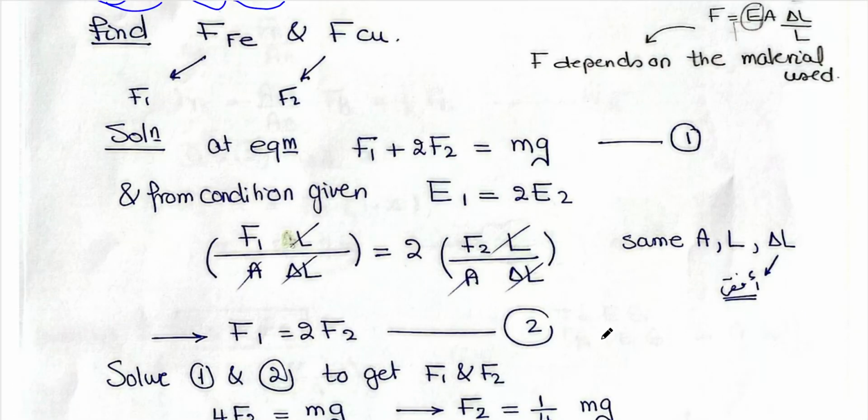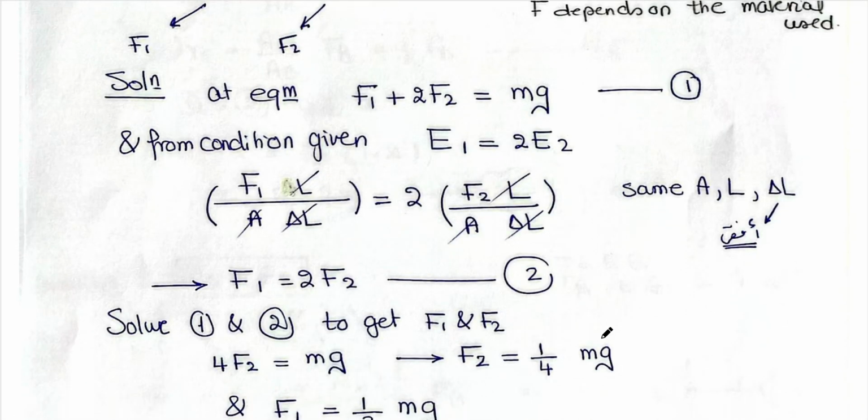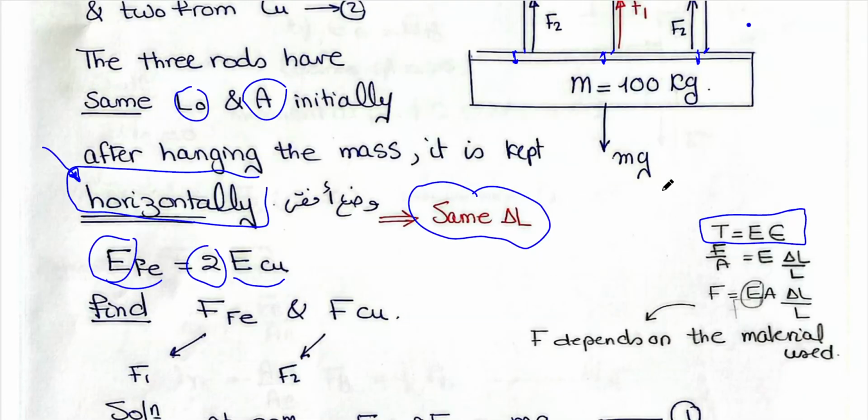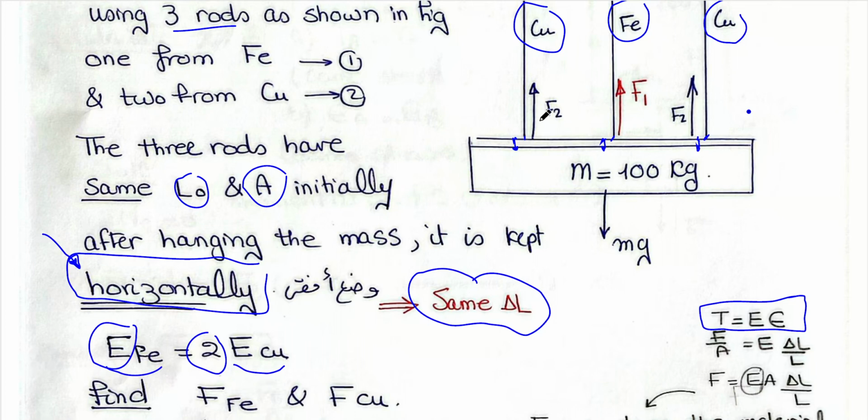So, from mechanics and our study of statics, at equilibrium, I named F1 the force in iron, and F2 in copper, F2 and F2. We have in the positive y-axis F1 plus 2 F2. In the negative y-axis, I have the weight of this rock, which is mg.